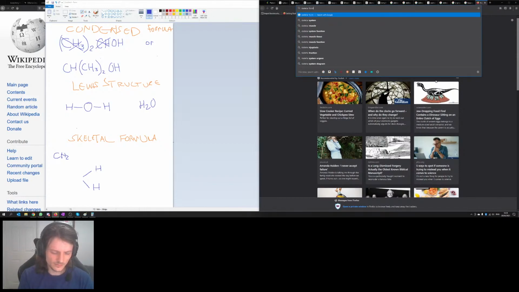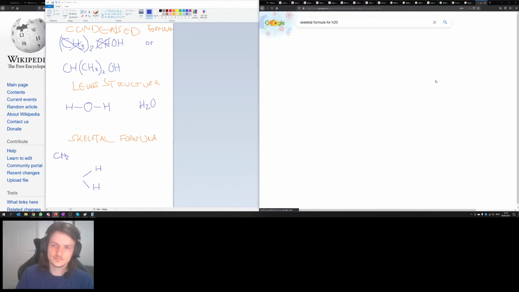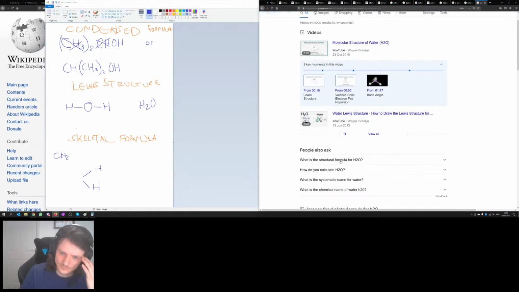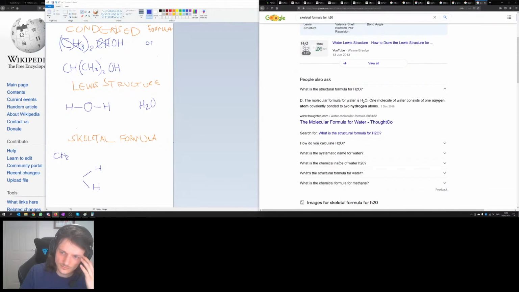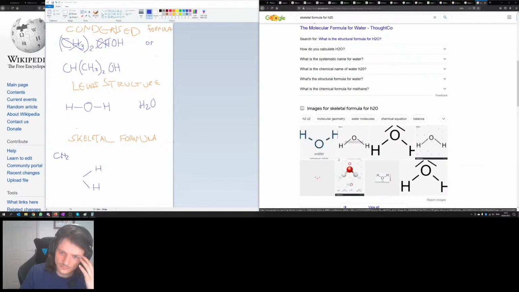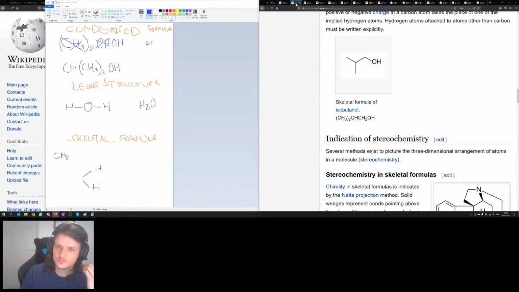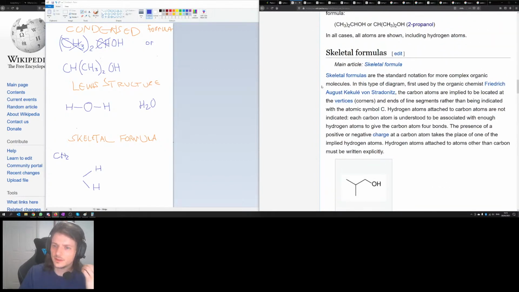Skeletal formula for CH4, oxygen, H2O. And this is definitely skeletal formula.